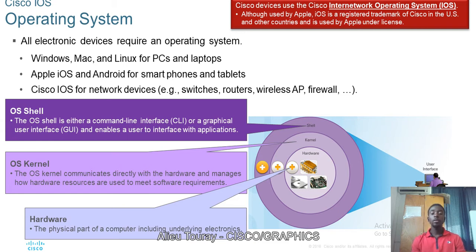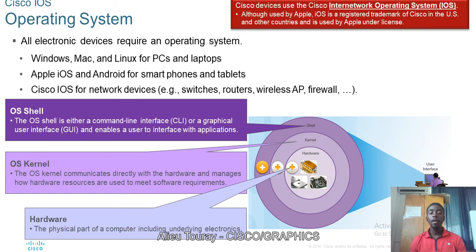Operating systems, as you may know, are divided into 3 parts: the shell, the kernel, and the hardware. The shell is the access method, whether it's a CLI or a GUI.